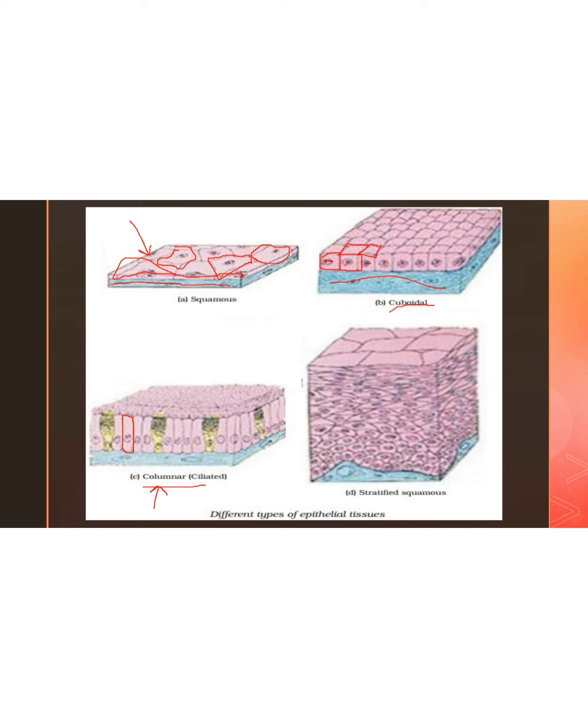The cells of the structure look pillar-like. And what about the nucleus? Here you can see the nucleus is present at the base, as in the majority of columnar epithelium.